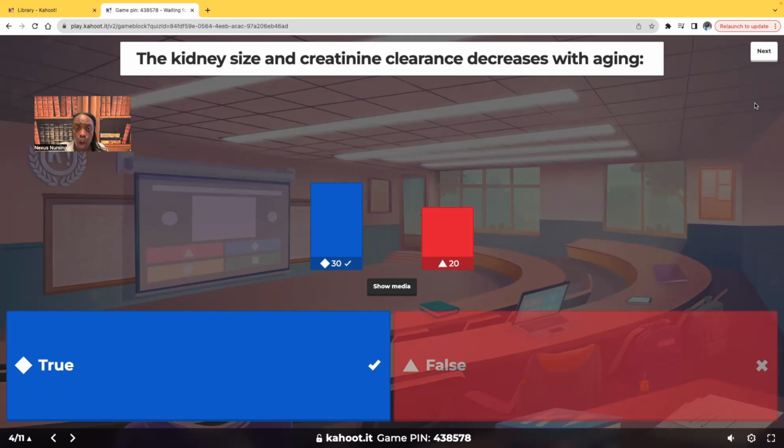The kidneys are responsible for excreting these drugs. So with the creatinine clearance decreasing, that kidney size decreasing, guess what? The patient's not getting as much of that drug out of their body and they're going to be at risk for toxicity. And that is why it is so important when it comes to the geriatric patients, whatever medication you're ordering, you're always going to start at the lowest dose. You're going to start low and go slow.